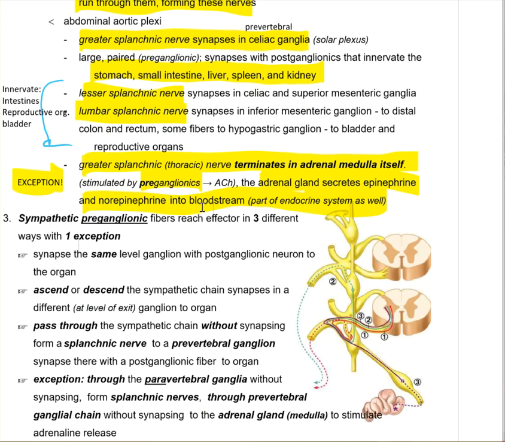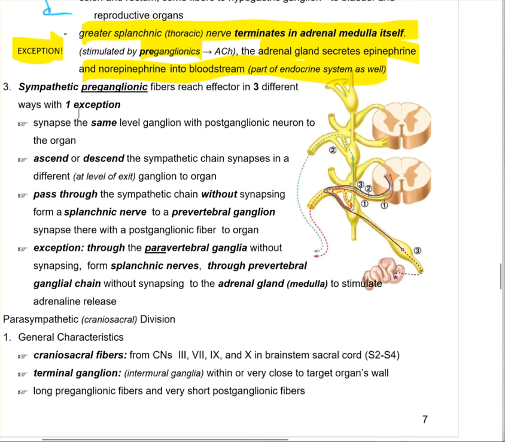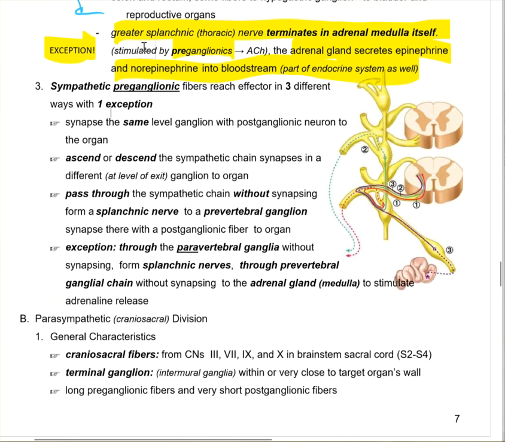Now, I think the last thing we're going to talk about in this lecture is the sympathetic fibers and how they go out. And then we'll go over the parasympathetic next lecture. So sympathetic preganglionic fibers reach the effector in 3 different ways, and our exception that we just talked about.